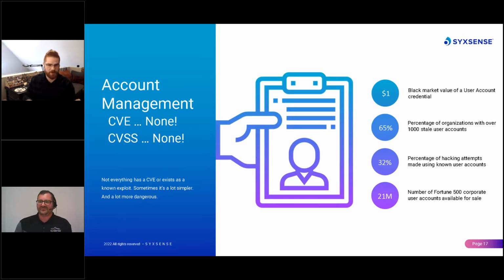And it's just not mom and pops anymore. It's also Fortune 500 companies. 21 million accounts within Fortune 500 companies are currently available for sale on the dark web. Most of them are probably not valid anymore, but you need one. So if 1 in 21 million are valid, then you have a compromised Fortune 500 company.